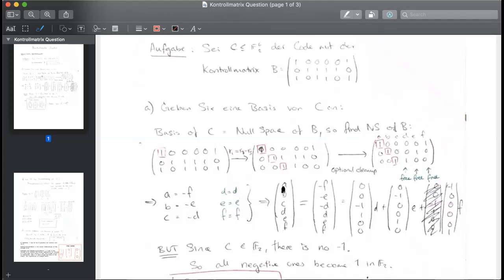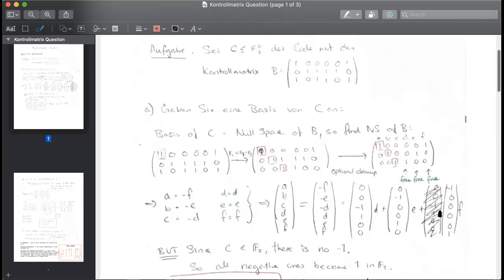It's going to be length 6, which is the width of your original matrix B. You substitute the values that you found here into this, and out comes this little thing.